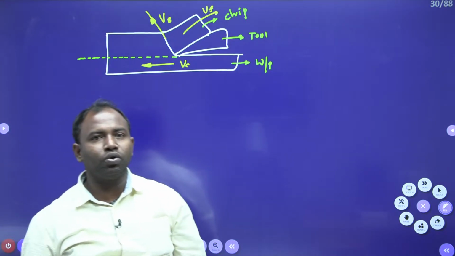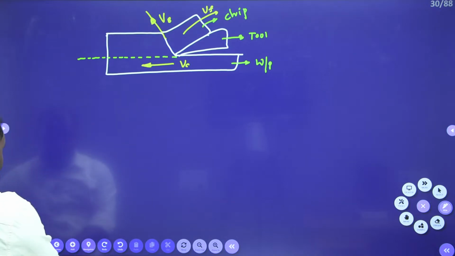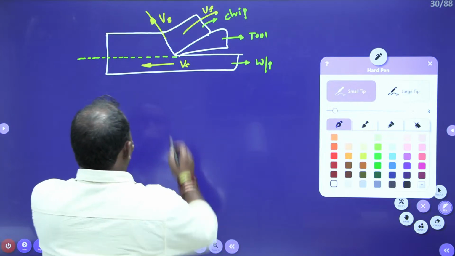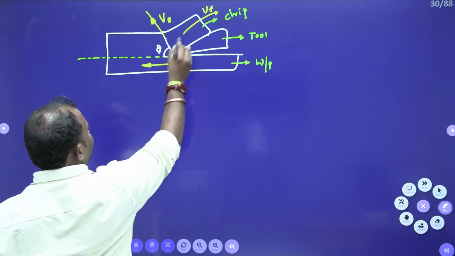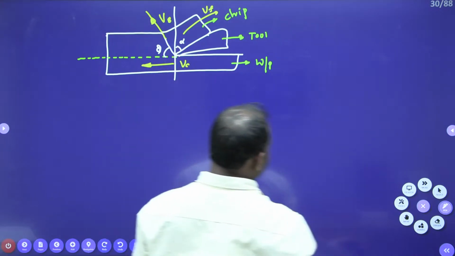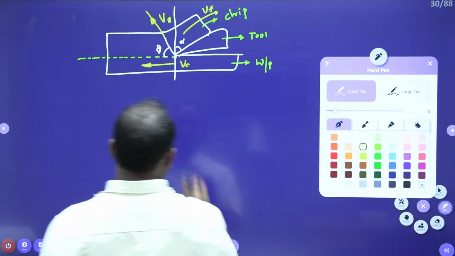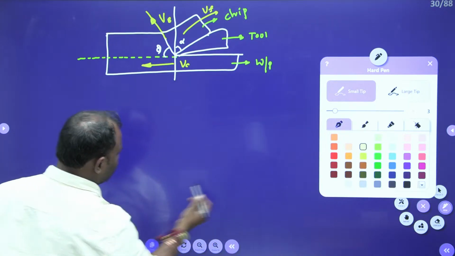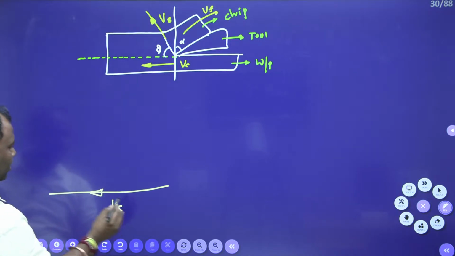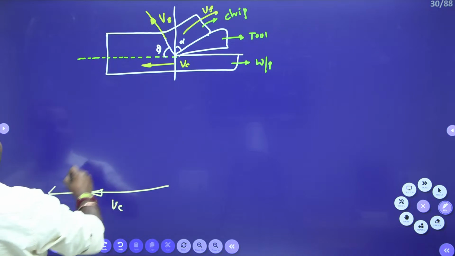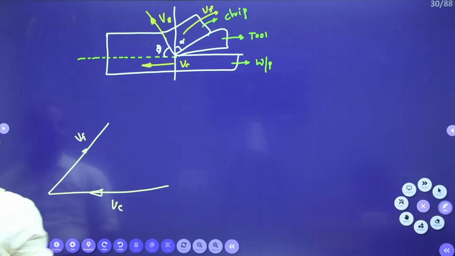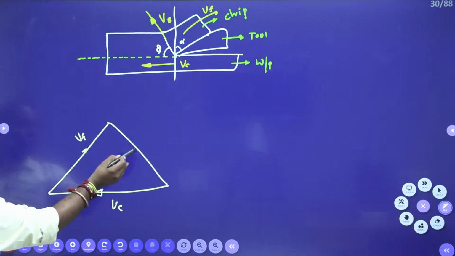Now suppose I take the velocity vectors. This is our phi and this is our alpha. In the velocity vector diagram, the cutting velocity vector Vc is in this direction, the chip flow velocity is in this direction, and the shear velocity is in this direction.